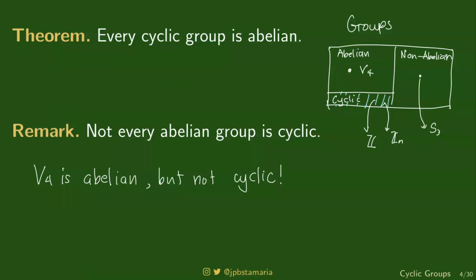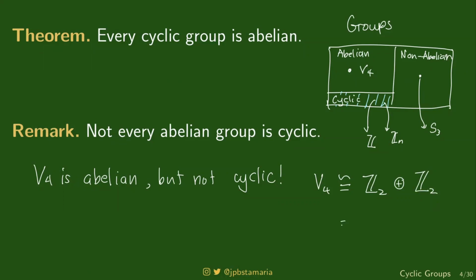Matututunan natin later: kapag ang group ay abelian na hindi cyclic, kagaya ng Klein 4, lahat ng groups na ito ay actually binubuo lang ng mga cyclic groups. Halimbawa, yung Klein 4, hindi man siya cyclic, pero isomorphic siya sa Z2 direct product Z2.